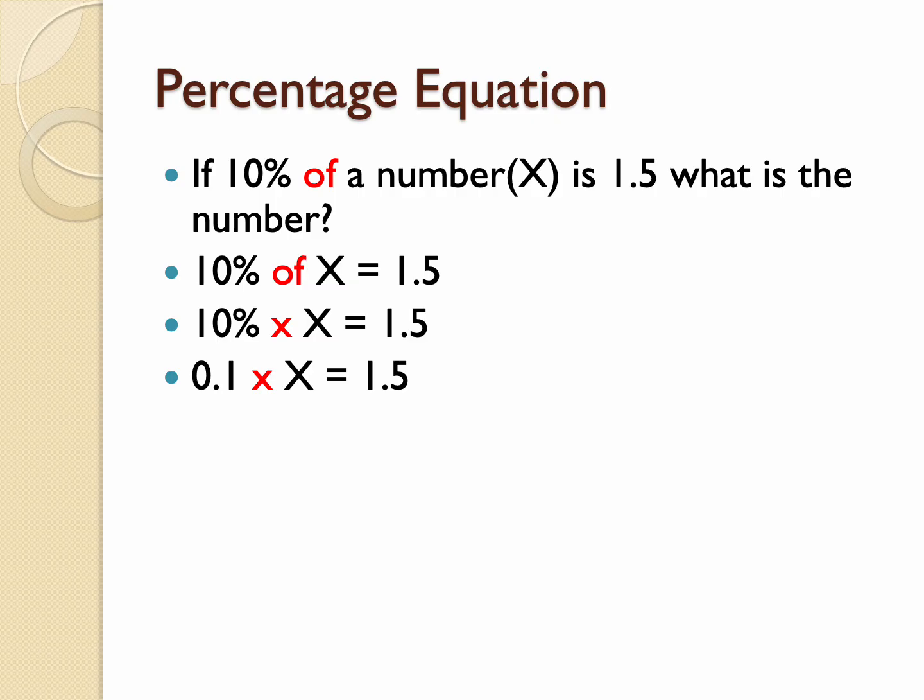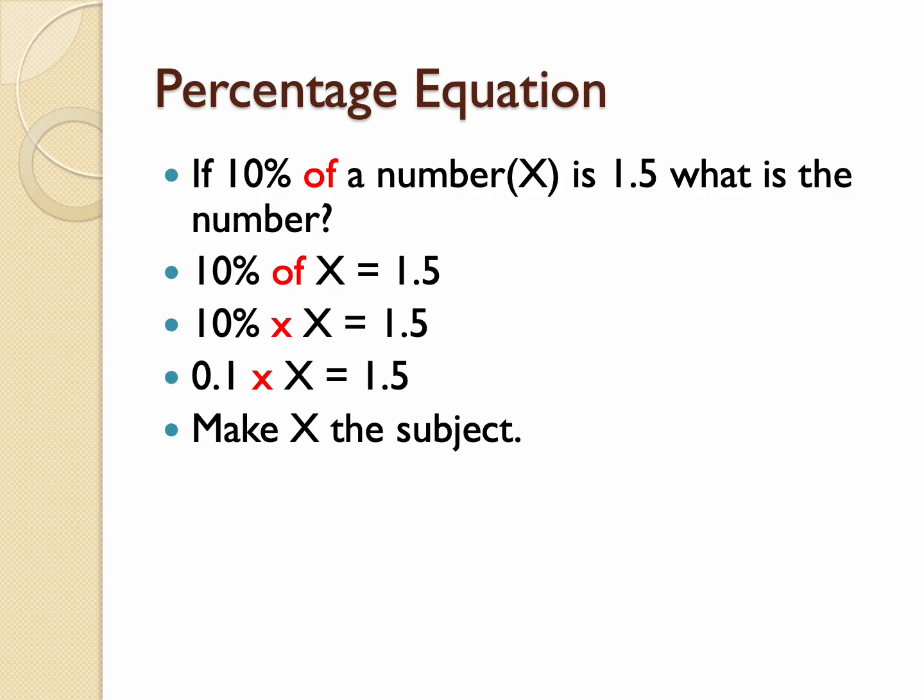Now to figure that out, we shall use a technique called making x the subject of the equation. We shall discuss it in detail in the next video as well. Briefly, what we mean is we should isolate x on the left side of the equation. So to do that, we want to get rid of 0.1 from the left side of the equation.